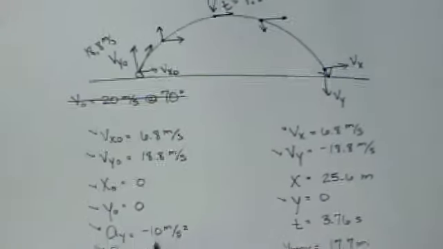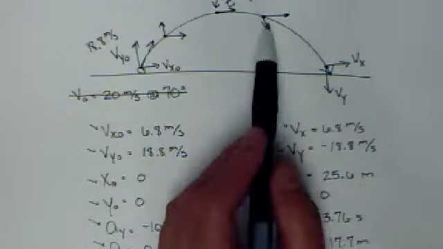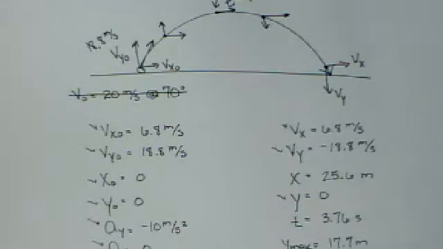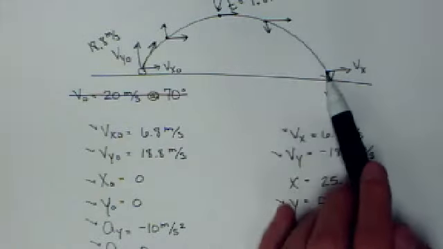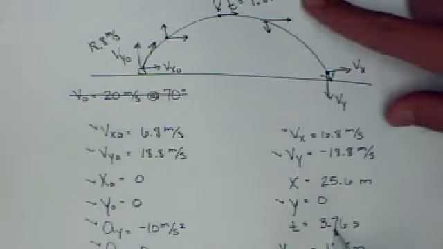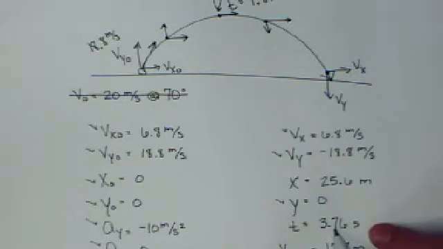And that's what acceleration is. It's losing 10 meters per second each second that it's on its way up. It's gaining 10 meters per second each second that it's on its way down. It takes just as much time to rise as it does to fall. So to get the total hang time, I multiplied the 1.88 seconds by 2 to get 3.76 seconds.